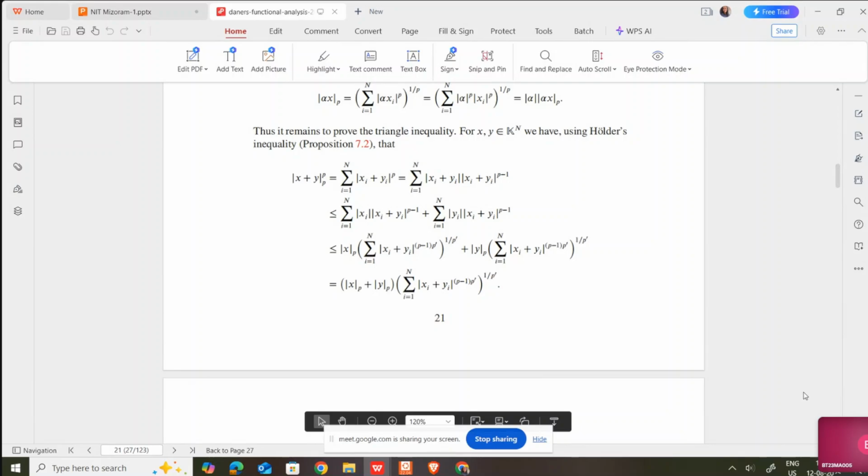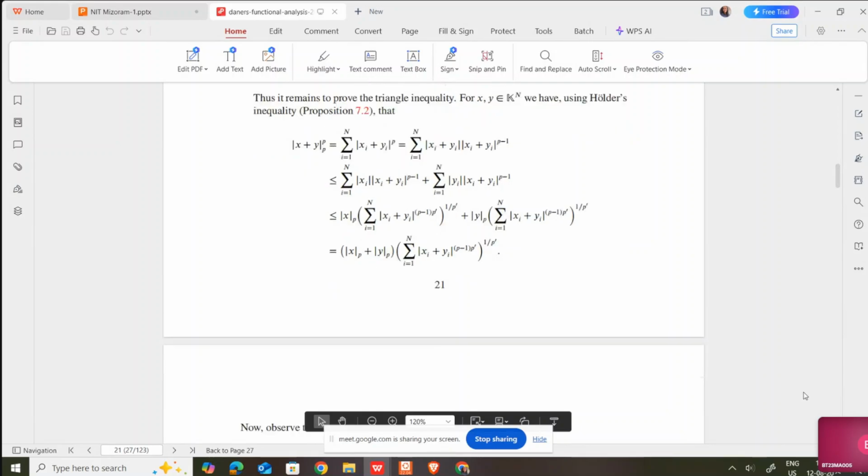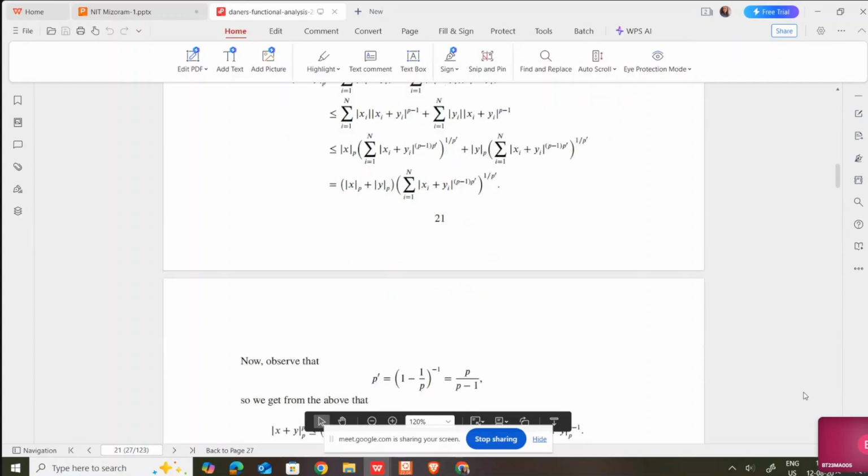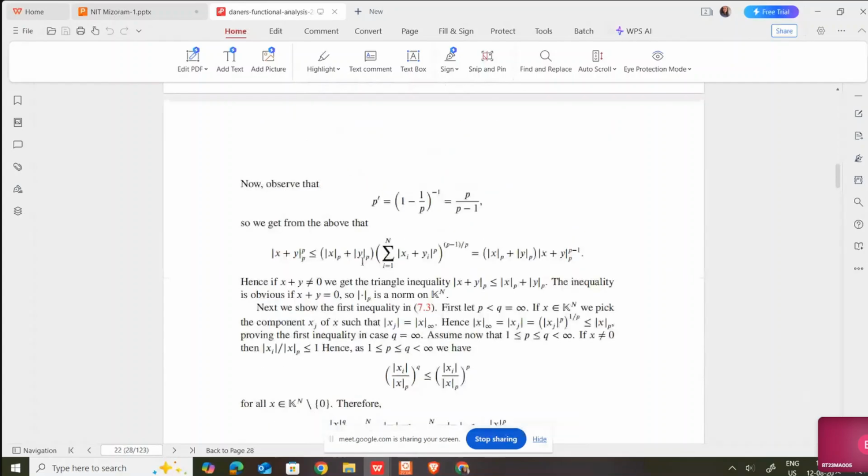That was what I was telling you. So you use this inequality here, which I explained to you. So this one will be mod of xp mod of yp into mod of xi plus yi raised to p minus 1 over p. So substitute this p prime equal to p over p minus 1 in the previous step.